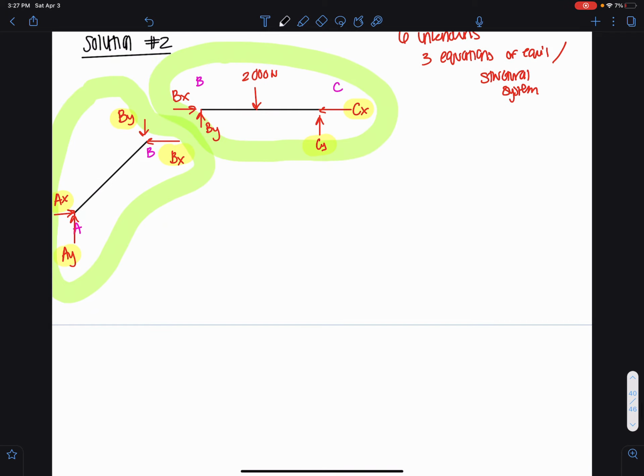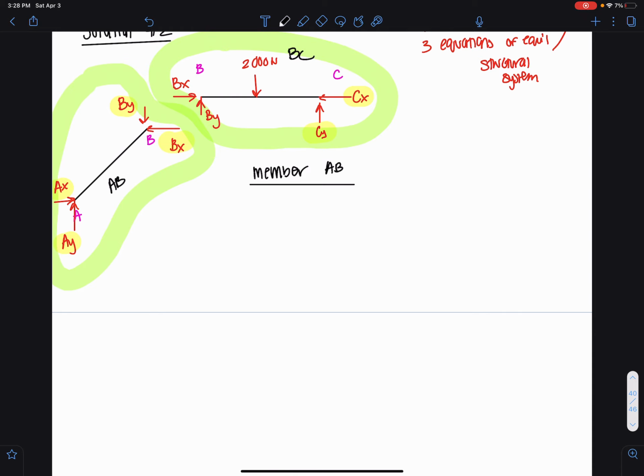Let's start with member AB, which is this member right here. AB, BC. Okay, so we're going to apply 6 equations of equilibrium, 3 for each section. Start with the sum of moments about A equal to 0. Counterclockwise is positive. And to be honest, you can do this pretty quickly.